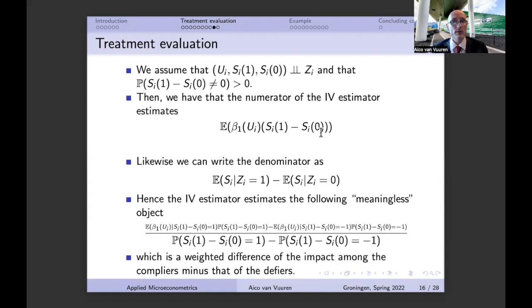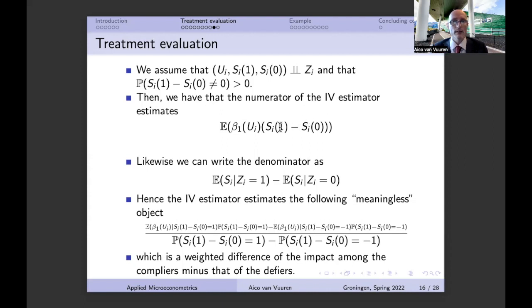Well, this actually looks very nice, but I'm going to rewrite it a little bit more, in a way that is not going to look so nice anymore, but will have a better interpretation. What we should realize is that Si1 minus Si0 is only going to be different from 0 at the moment that we have either compliers or defiers.